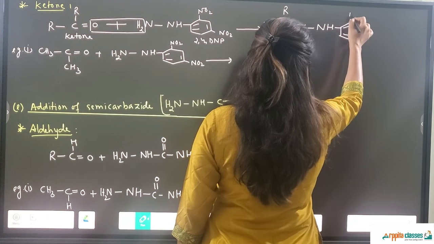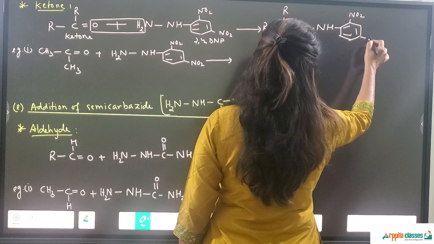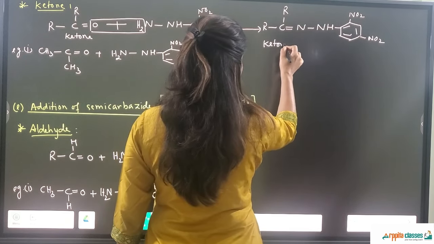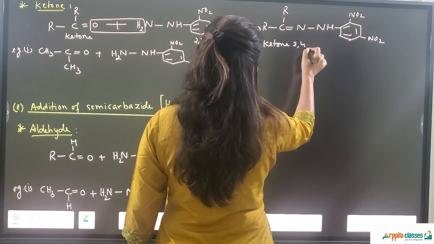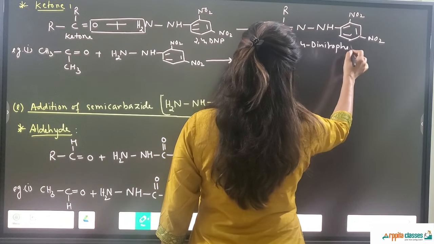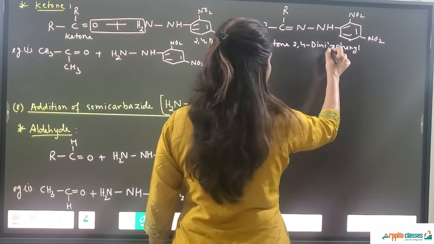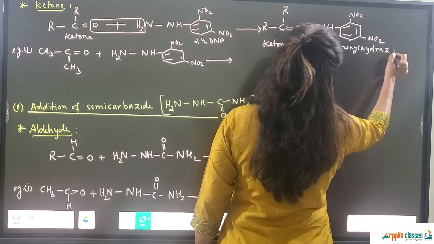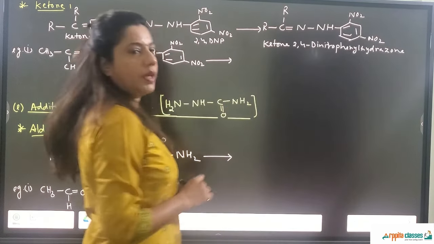You can practice NO2 and NO2. This is ketone because we are getting it from ketone. So ketone 2,4-dinitrophenylhydrazone. The names are big, but you have to write the names, okay?